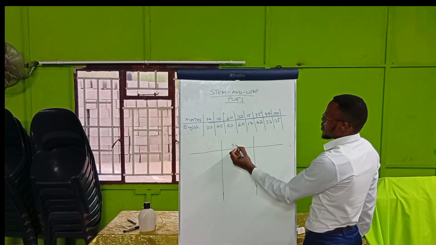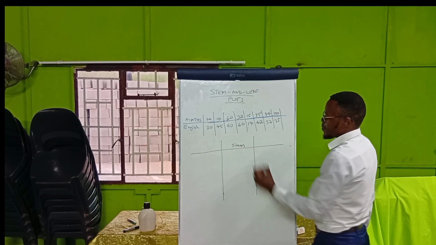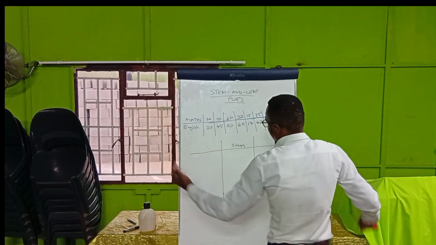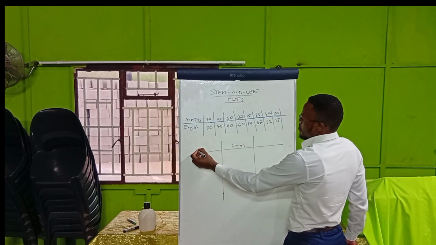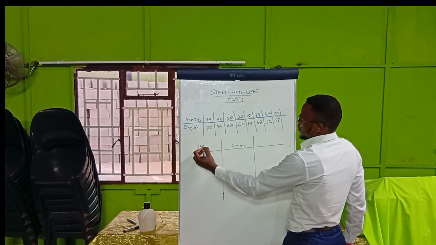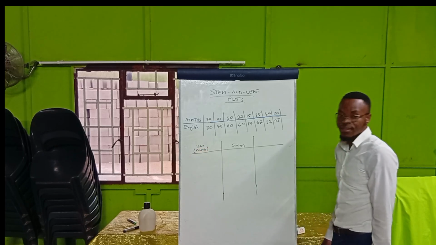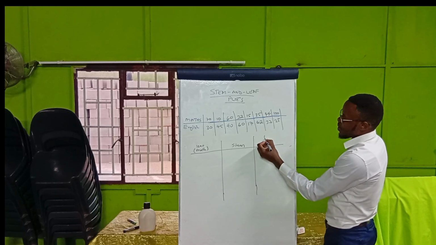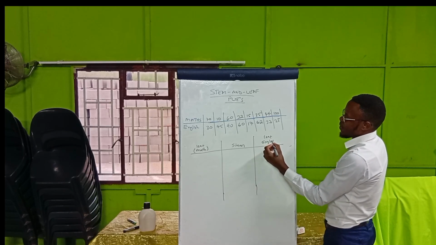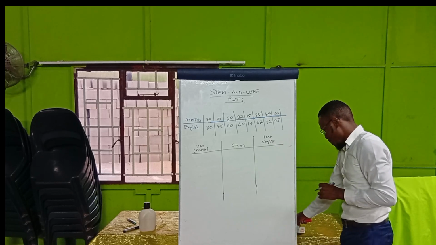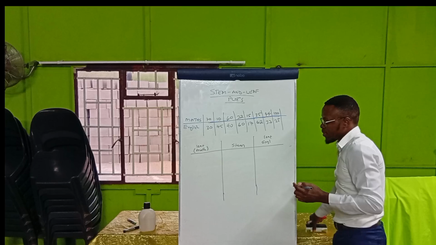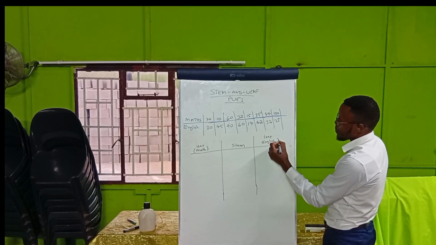In the middle, you write the stem, and then on your left you can have the leaf for maths, and on your right you can have the leaf for English. So this is how you show the distinction between the two.